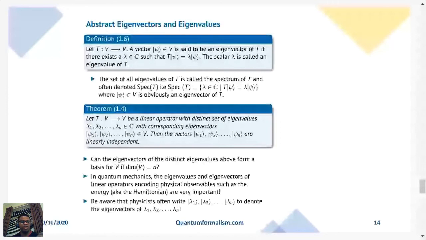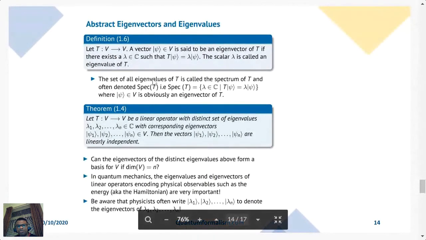Some of you have already read quantum computing textbooks and quantum mechanics texts. Eigenvalues and eigenvectors are all over these introductory textbooks. Maybe the way it was introduced to you was through the matrix approach, not in this abstract form.